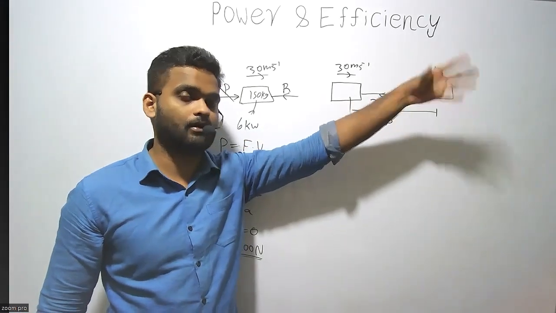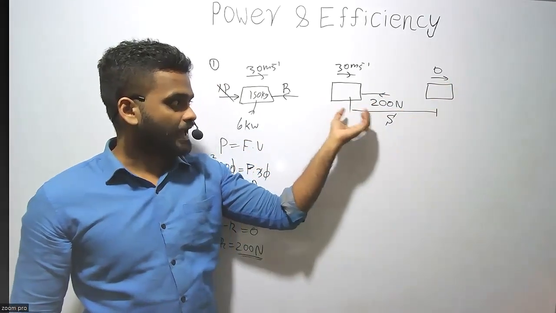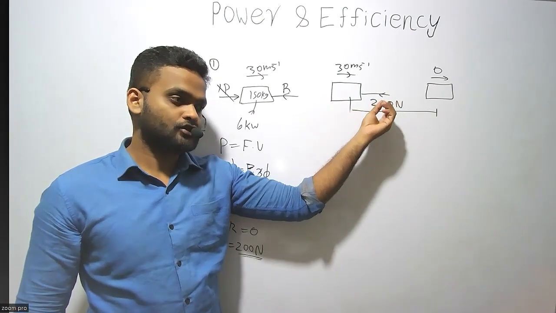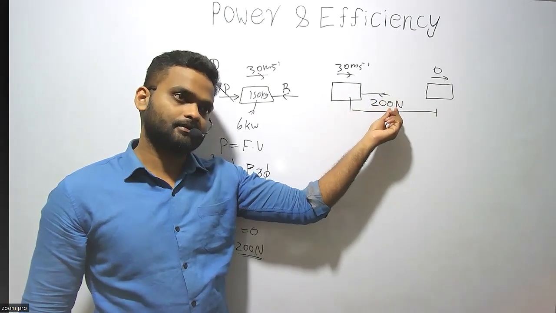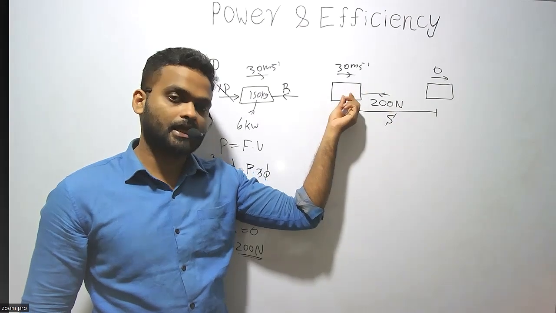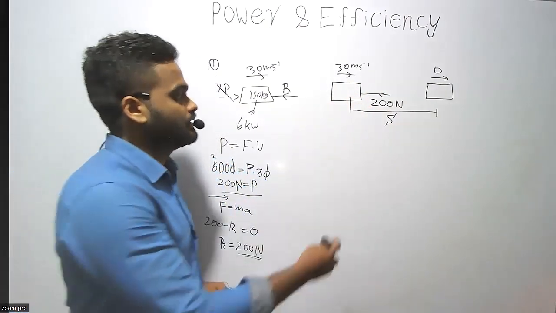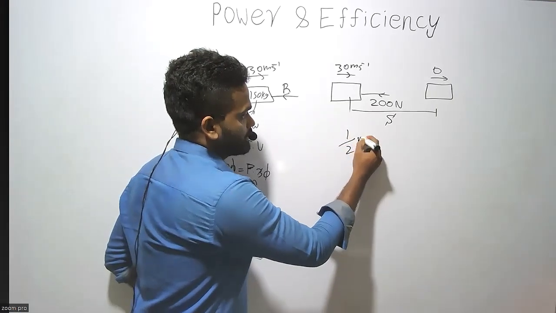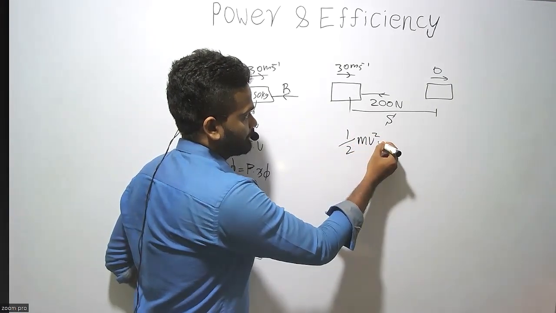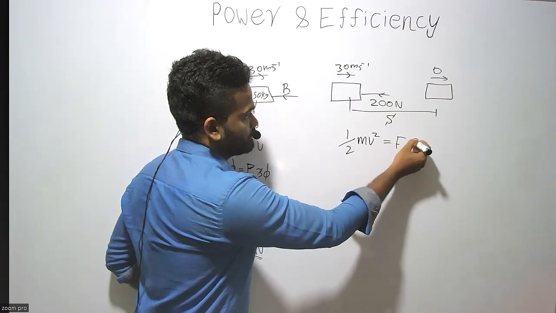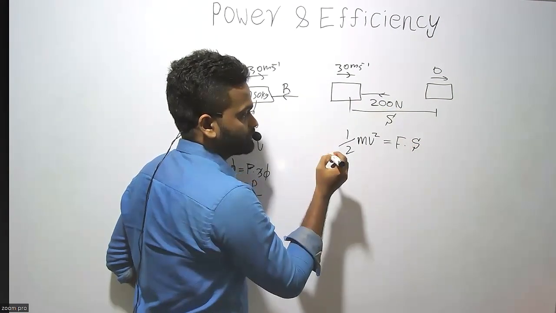Kinetic energy is gone, right? That kinetic energy is actually consumed by this resistive force. So the work done by this resistive force should be equal to the kinetic energy the boat had. You can use this equation. Kinetic energy the boat had is equal to work done by resistive force.